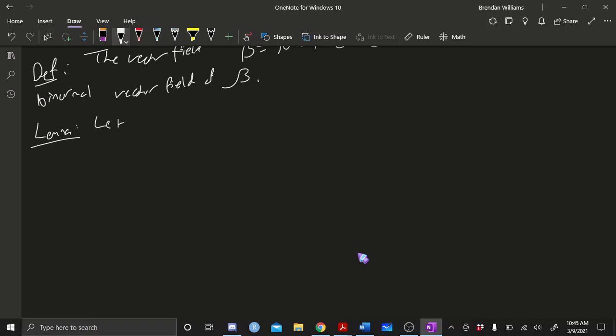So, lemma. Let beta be a unit speed curve in R3 with positive curvature.